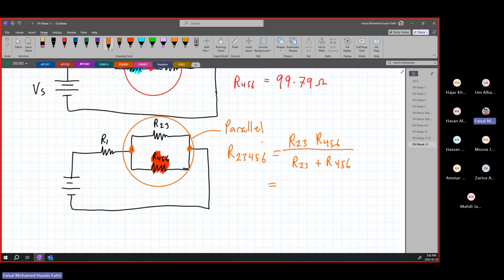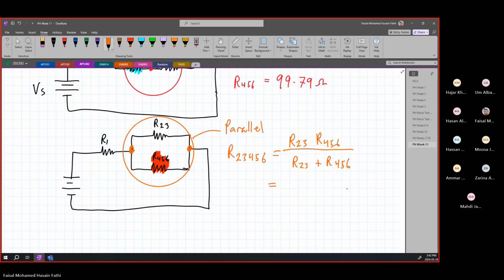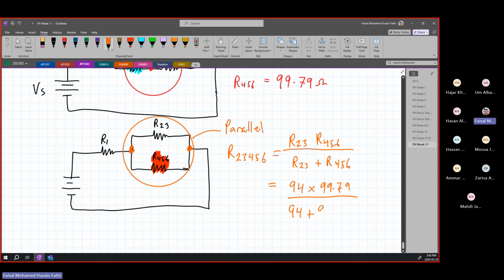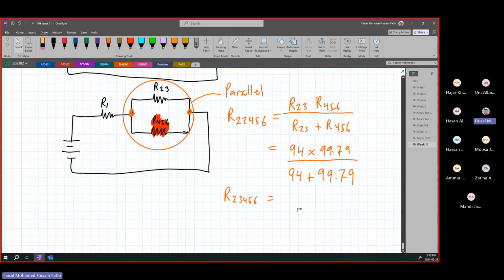In other words, R23, we found it earlier to be 94. So it's 94 times 99.79 over 94 plus 99.79. So now we find our R23456. Basically, this means it's the equivalent of all these resistors combined. Just put those numbers in the calculator.